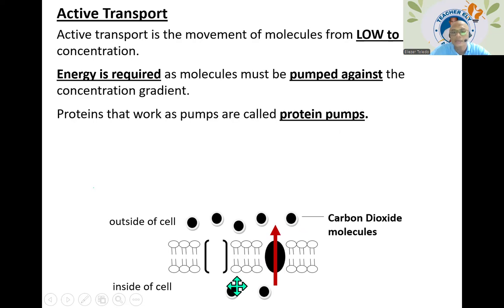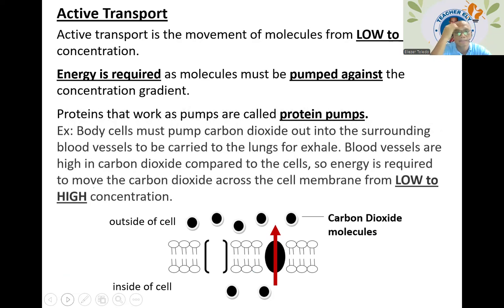Hence, it is not random. It uses protein pumps, thus it would require energy. But what is the situation of having a low to high concentration? In this case, the cell has a lot of carbon dioxide, so where does it want to expel it, requiring energy.